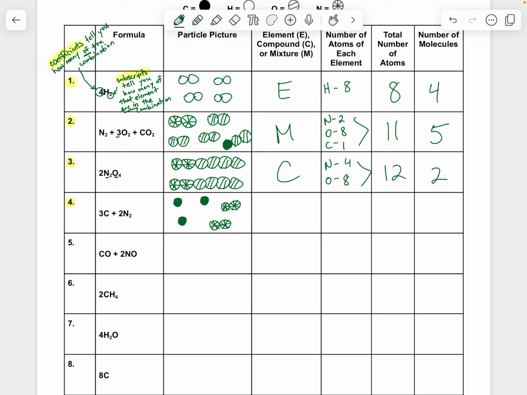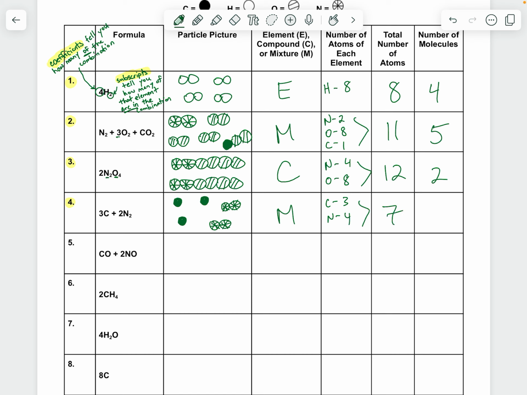In this case, not everything in the box is the same, which means it's a mixture. You can also tell it's a mixture based on those addition signs there. I have carbons and nitrogens. I have 3 carbons. I have 4 nitrogens. That's a total of 7 atoms.